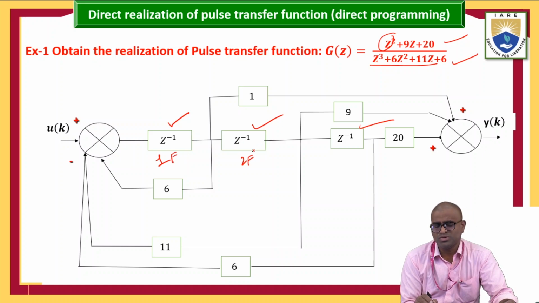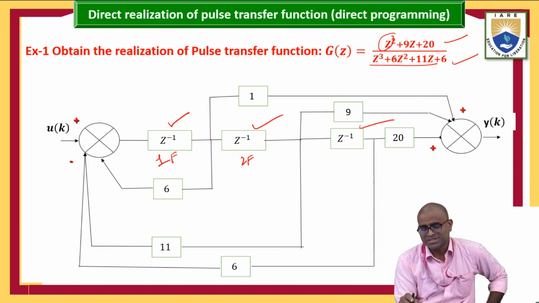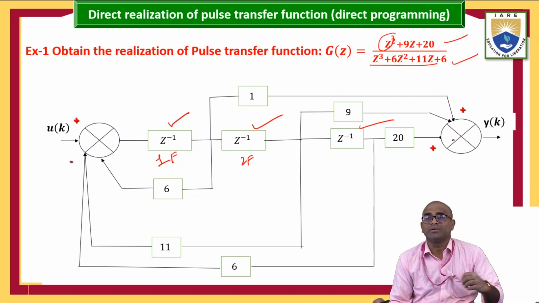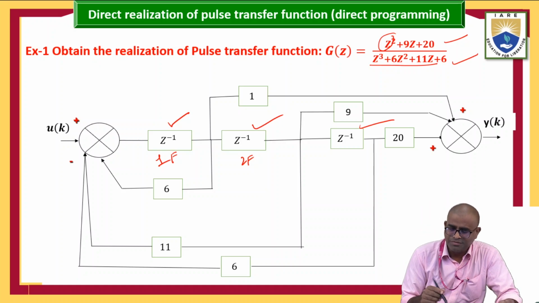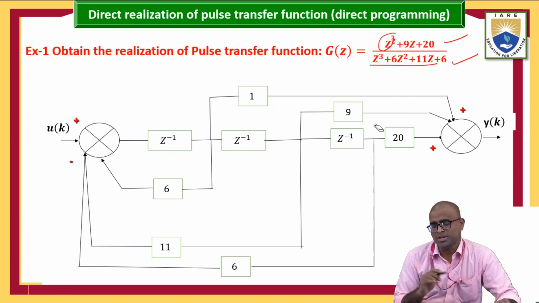Coming here, 1 multiplication plus for z only single is there, z into 9 plus 20. It is the forward path relation: 1 z square plus 9z plus 20.